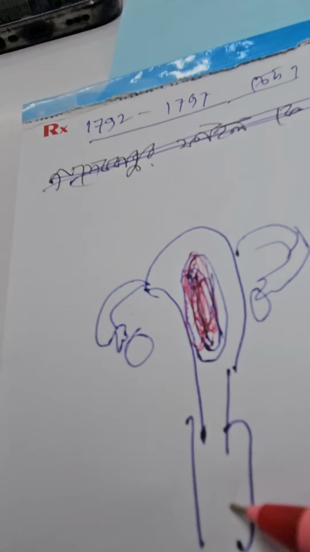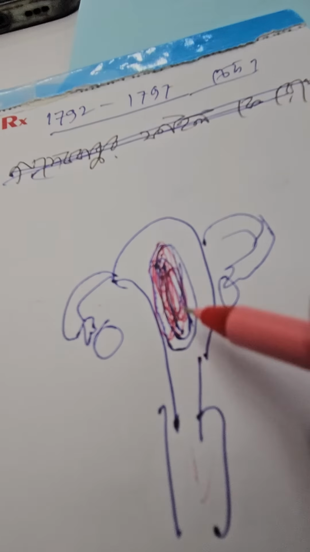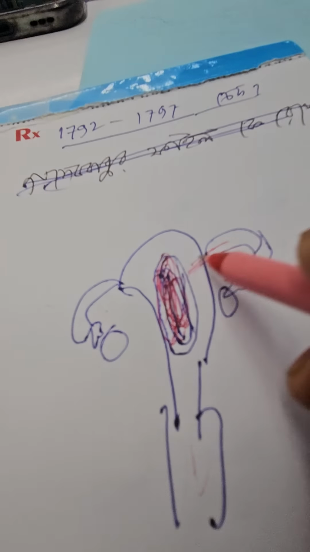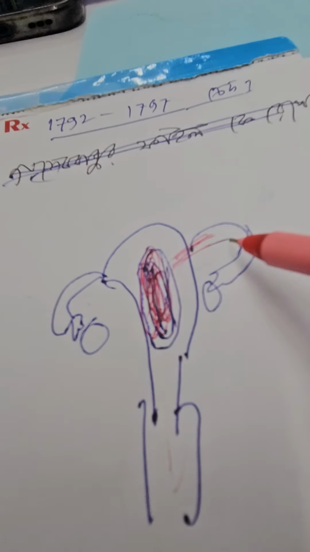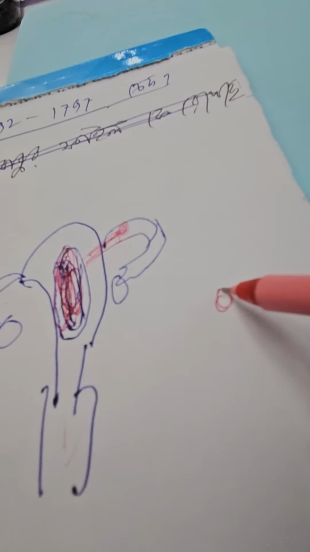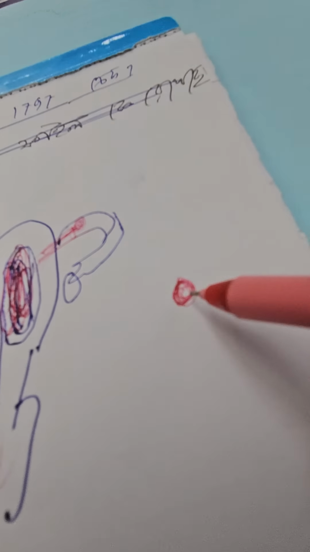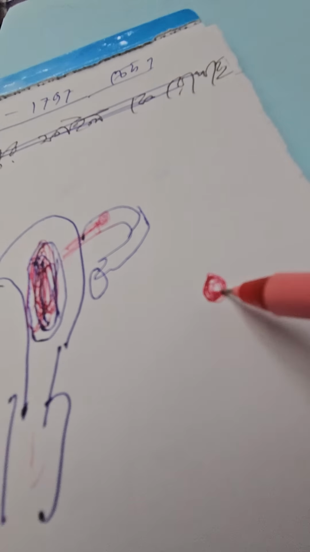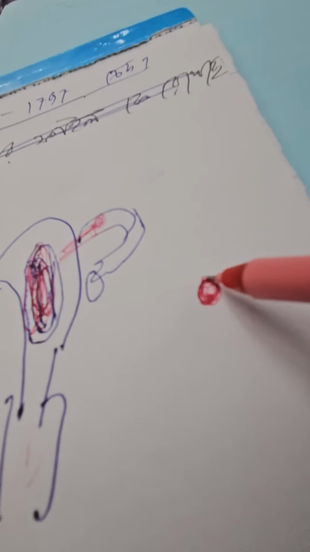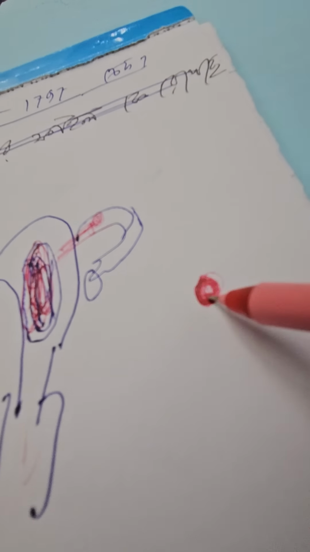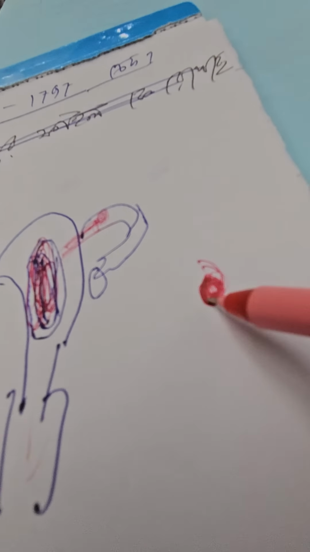So sperm enters into the uterus. They go into the uterine cavity, meet with an ovum, and form a zygote. There are different stages: morula stage, blastocyst stage, blastomere stage, etc. And with the formation of the male and female cells, one new life begins.